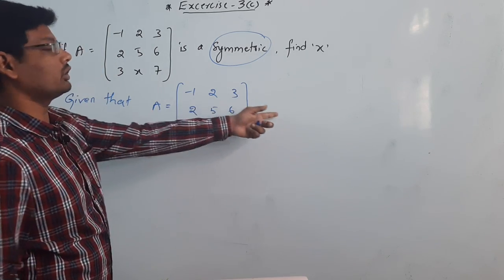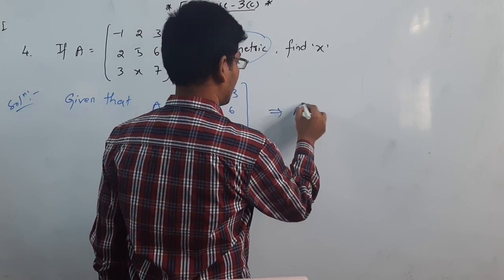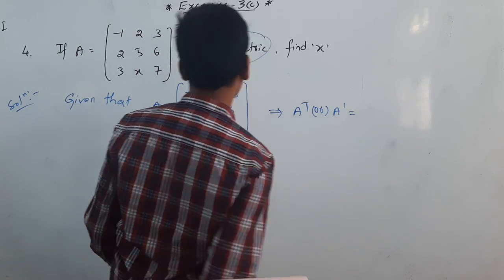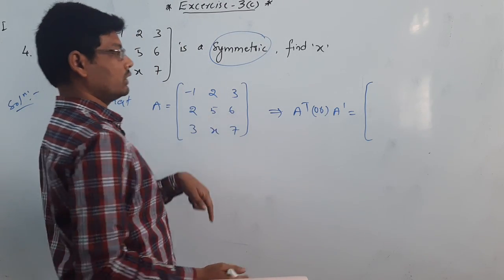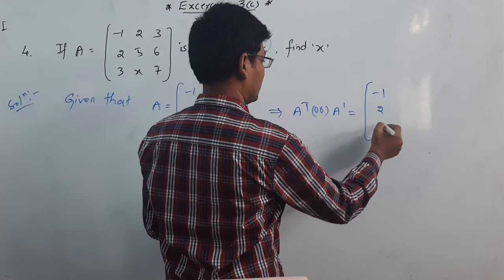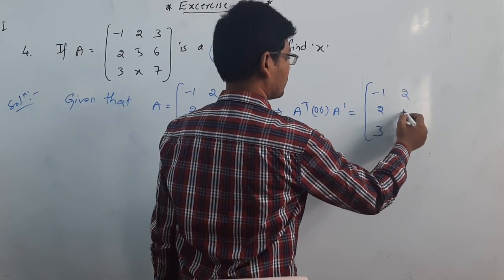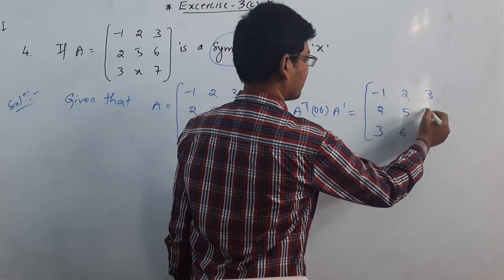Here A transpose is equal to A again. Then find A transpose, or A dash, both are the same here. Row 1 is changed to column 1: minus 1 2 3, and 2 5 6; R2 is changed to C2 and R3 is changed to C3: 3 x 7.